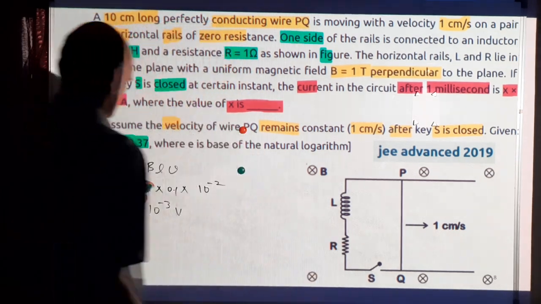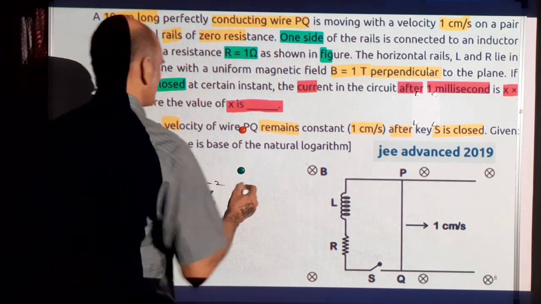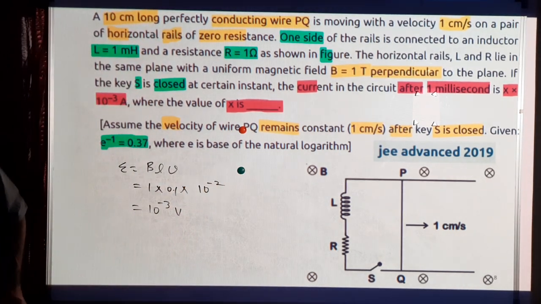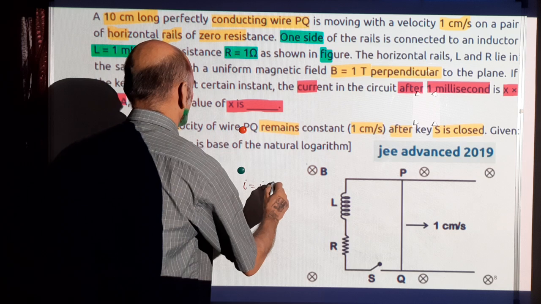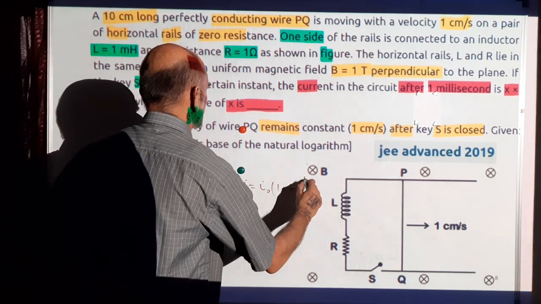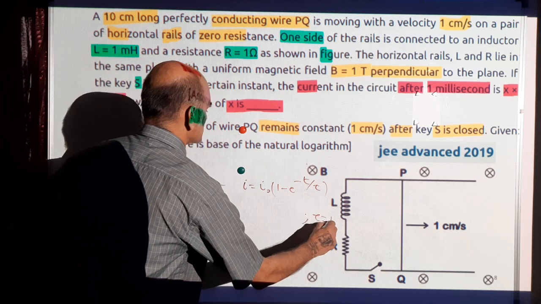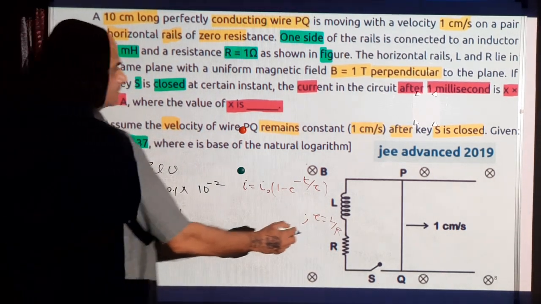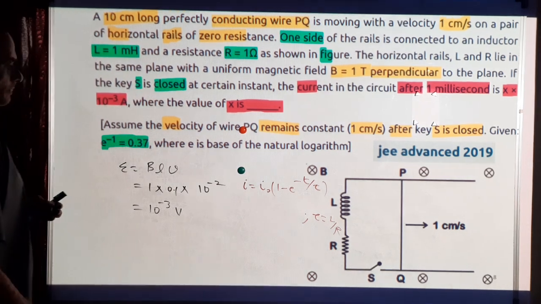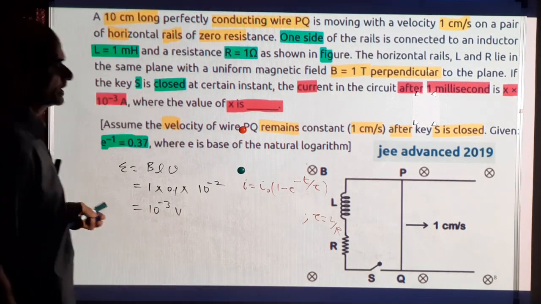So when the switch is closed, the current will rise exponentially as I equal to I naught into 1 minus e to the power minus t by tau, where tau is the time constant, it's L by R. I naught is the saturation value of the current, which is the induced EMF by R. At very large time, this inductor will act as a plain wire.